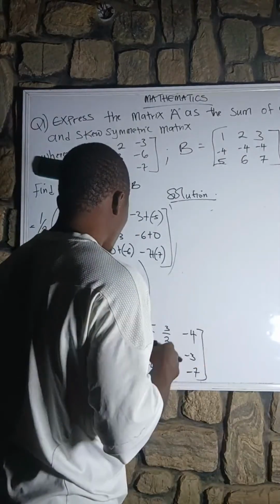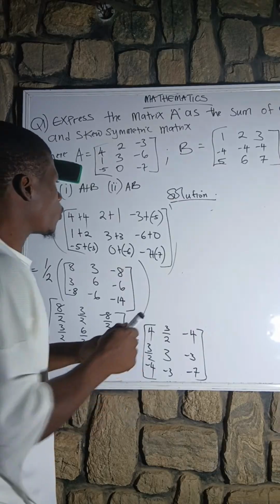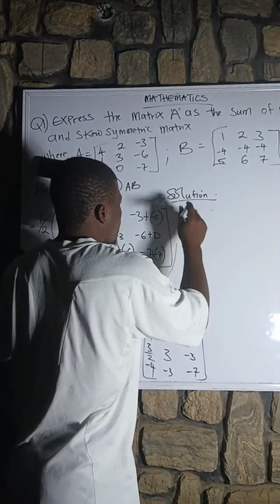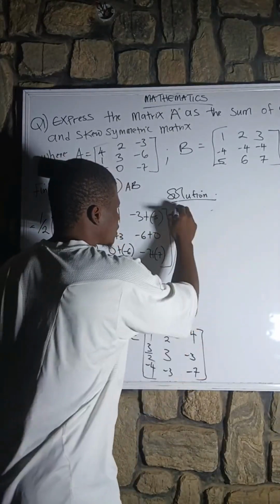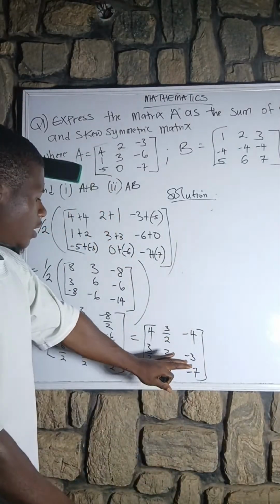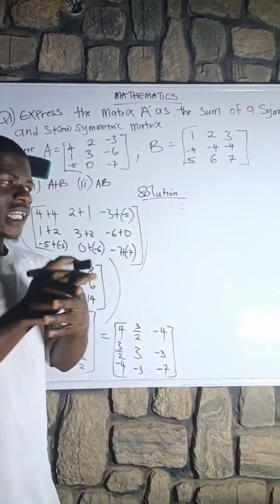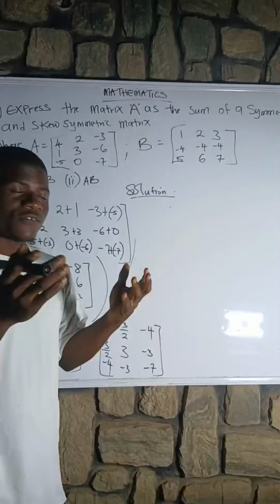Alright, now we have arrived at the final answer. So let's name this new matrix any alphabet. You can name it C, you can name it D, you can name it F, you can name it anything.